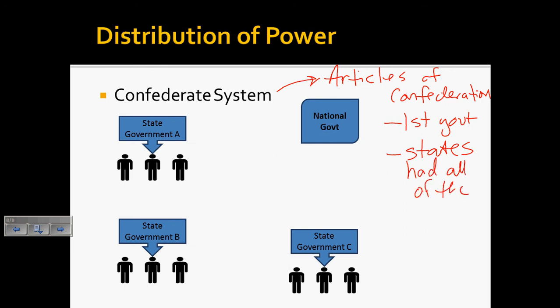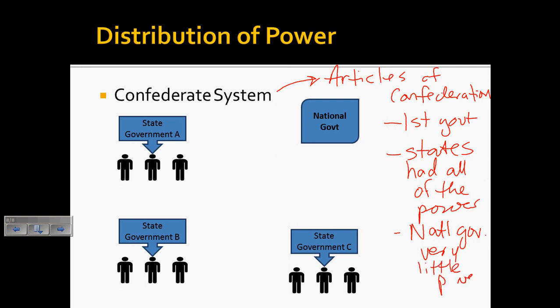This is important because, of course, we know that the Articles of Confederation didn't exist for very long. We had our own Constitutional Convention, which created a new system of government because the Confederate system wasn't working.